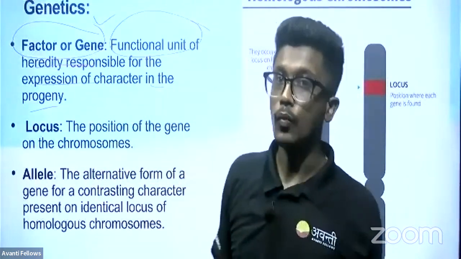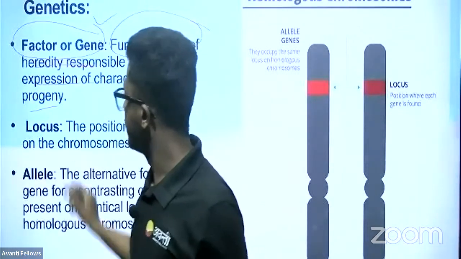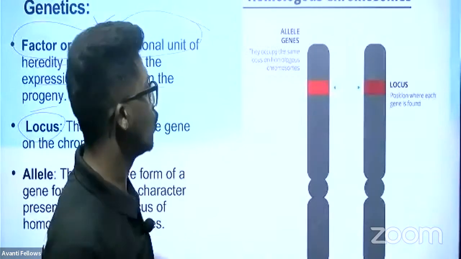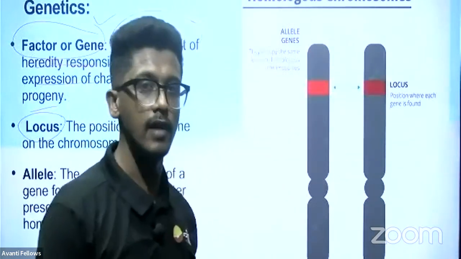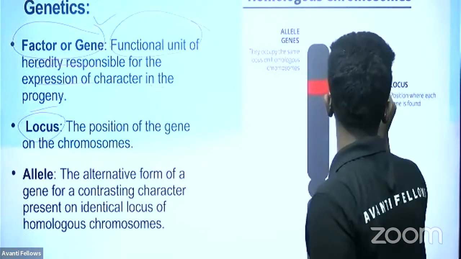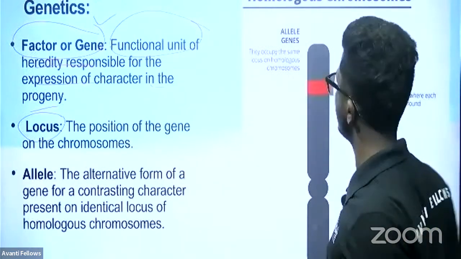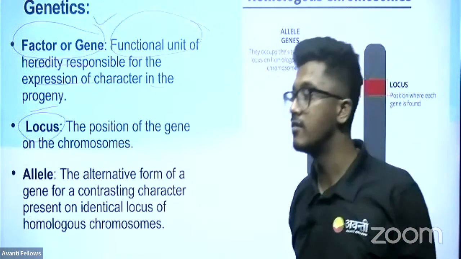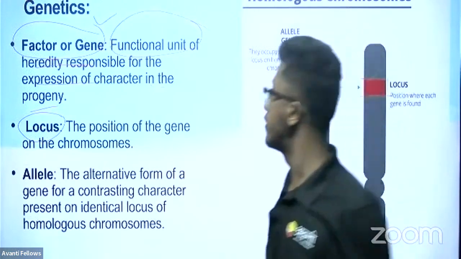Got it? So where are these genes located? They are located in something called a locus. For example, you have a chromosome, and this is the position. The genes are located in the same locus of a homologous chromosome. This is a statement. What is a homologous chromosome?